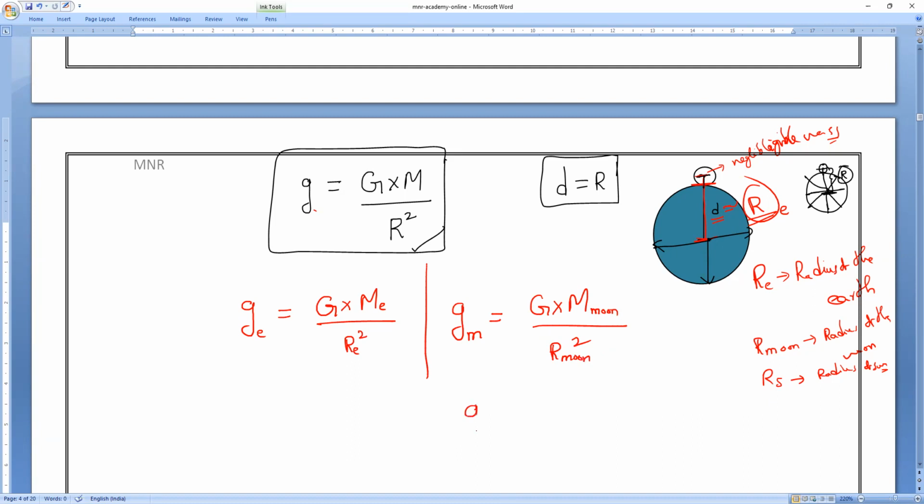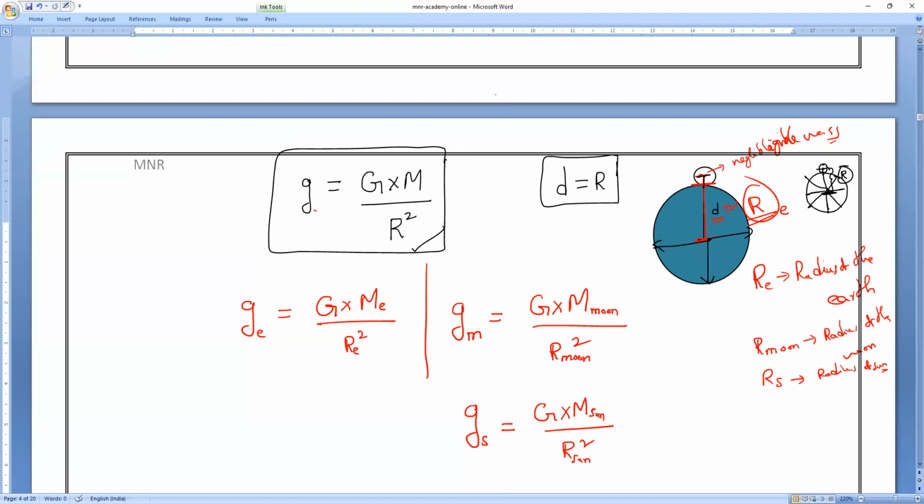Suppose I want to find g of sun, acceleration due to gravity of sun. So what will happen, guys? G of S is capital G into capital mass of sun divided by radius of sun square. Clear, everybody? So that is how the formula varies from case to case.